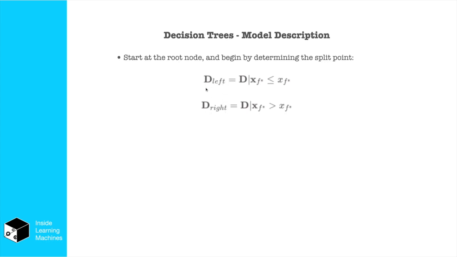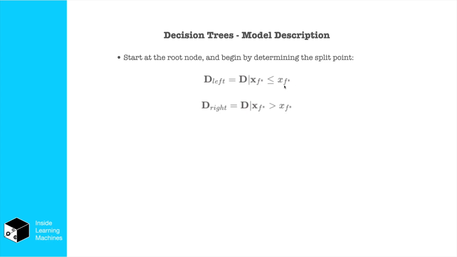Now this split is based off of one of the predictor features within D, which we denote as F star, and a specific scalar value with which we compare all the values within F star. That scalar value is what I have here in italics. It's the x F star value. This is a scalar.